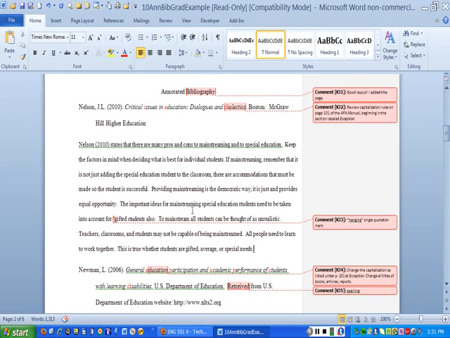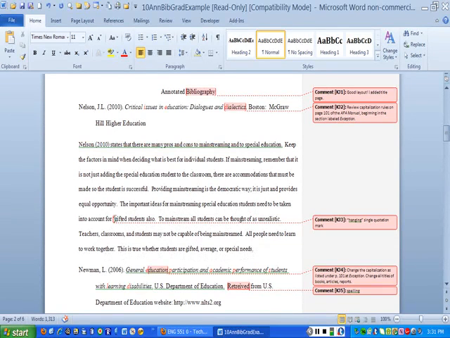The important ideas for mainstreaming special education students need to be taken into account for gifted students also. To mainstream all students can be thought of as unrealistic. Teachers, classrooms, and students may not be capable of being mainstreamed. All people need to learn to work together. This is true whether students are gifted, average, or special needs.